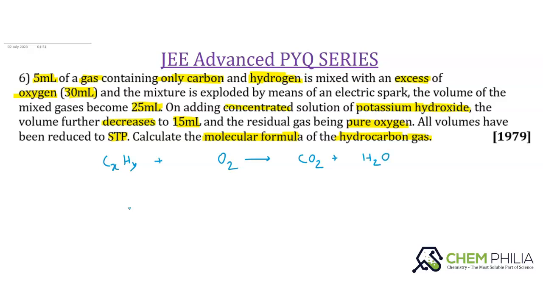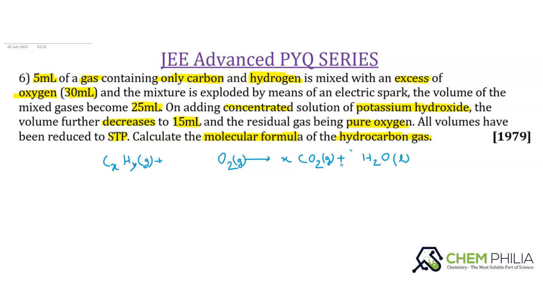Now, the hydrocarbon is a gas, oxygen is also a gas, carbon dioxide is a gas, but water which is obtained after the reaction is a liquid. Clear? So we have to balance this equation.